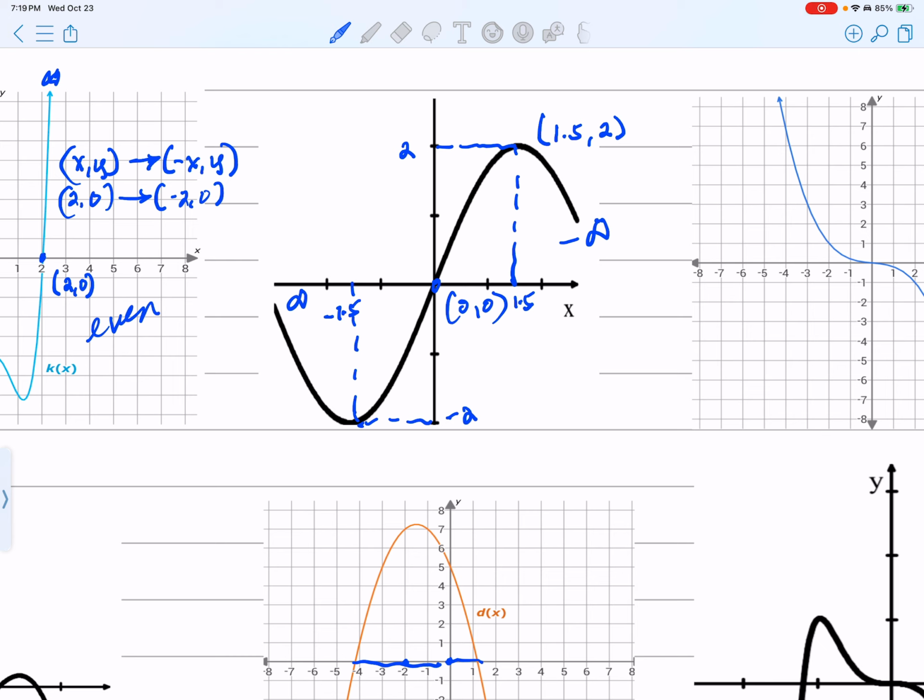That means that the x, y maps to negative x, negative y. So if my xy is 1.5, 2, this point is negative 1.5, negative 2. This maps to negative 1.5 and negative 2. That means this is an odd function. Okay?